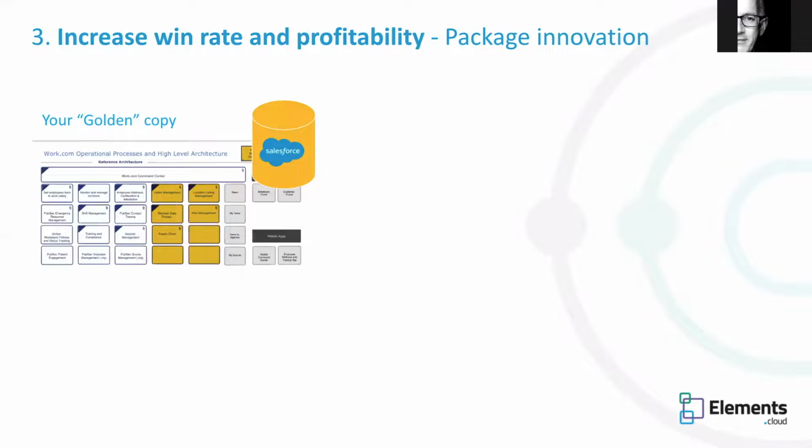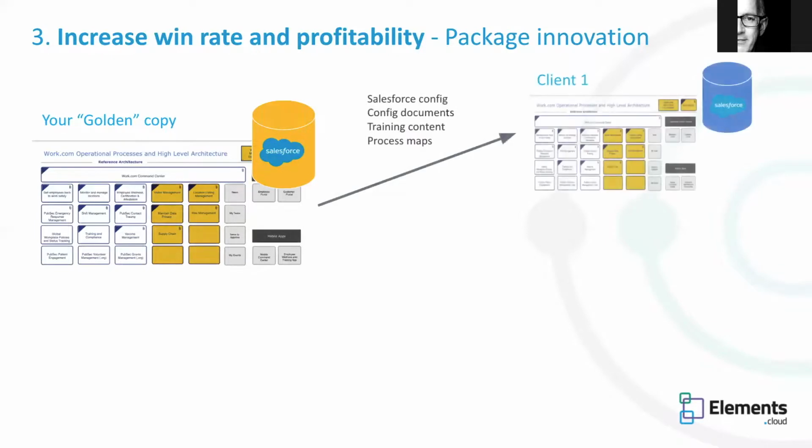So we're talking about your golden copy. You have your demo org, which you're doing all your innovation on, and then you can take all of that and package it using Elements, all the training content, all the configuration documents you've added, all the training material, and all the process maps if you've built them, and then deliver them into a customer using our packaging capability.